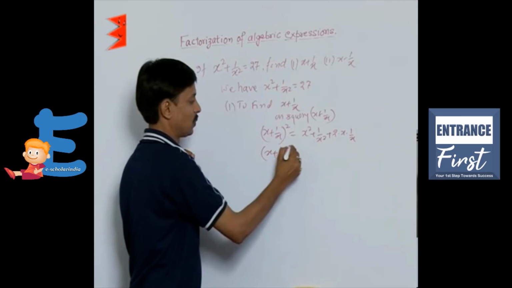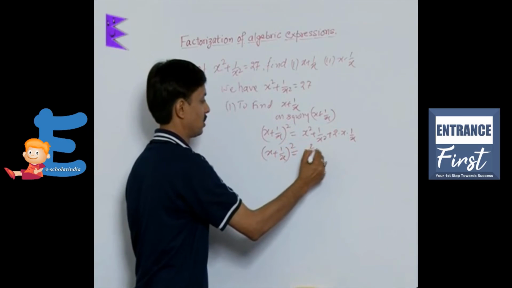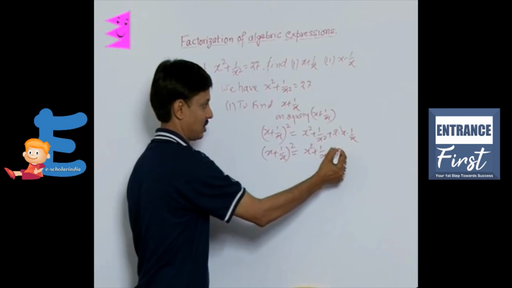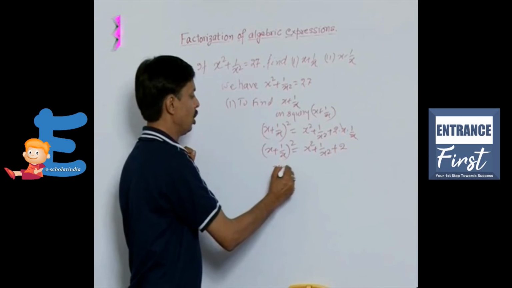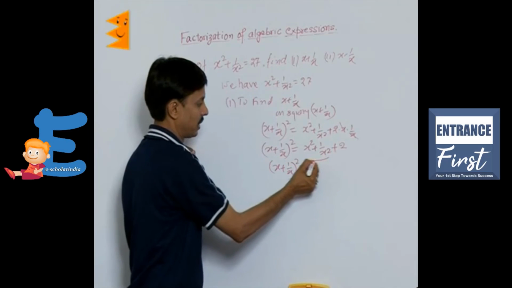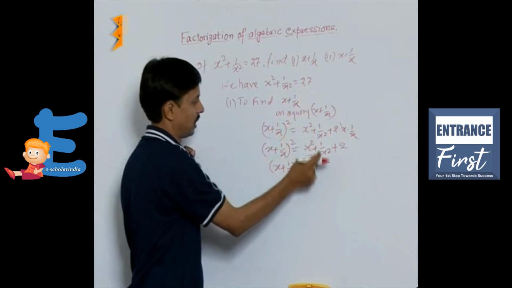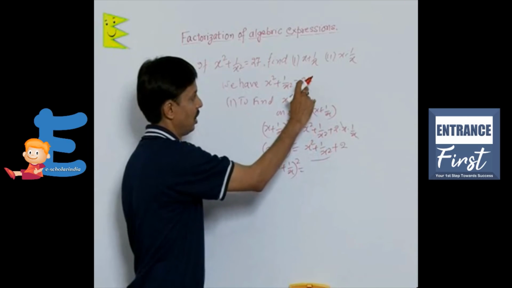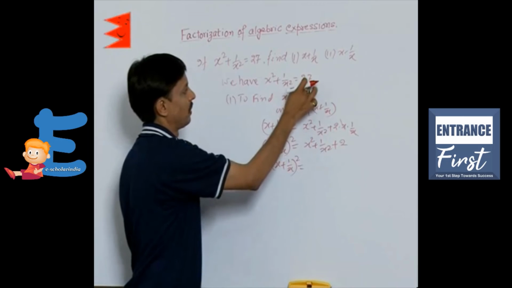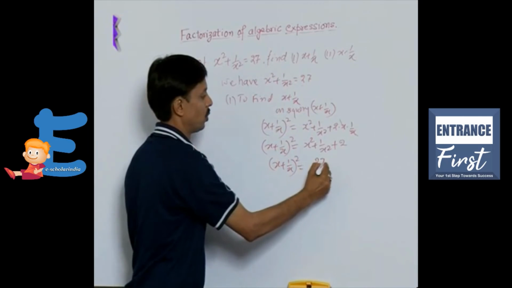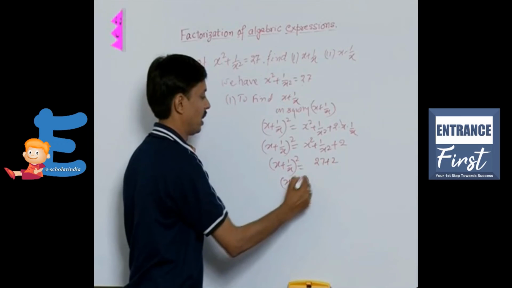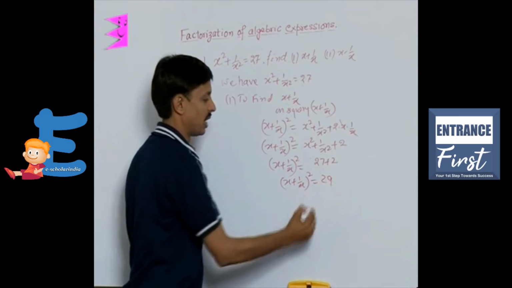Hence, x plus 1 upon x whole square is equal to x square plus 1 upon x square plus 2, as this x and this x get cancelled. The value of x square plus 1 upon x square is given as 27, so it is replaced by 27. So this becomes 27 plus 2. Hence, x plus 1 upon x whole square is 29.